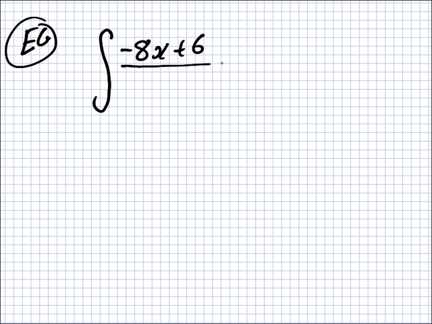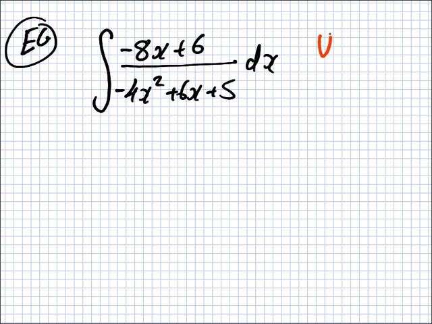Okay, example 1. Easy example to start with. I ask you to integrate minus 8x plus 6 over minus 4x squared plus 6x plus 5 dx. For these ones, what you do is easy.